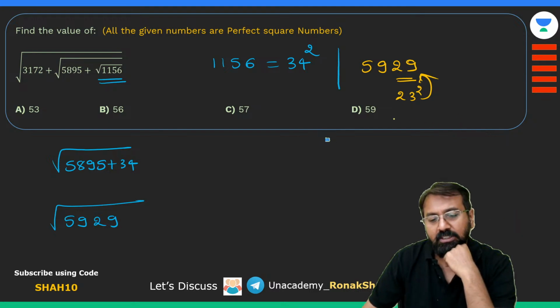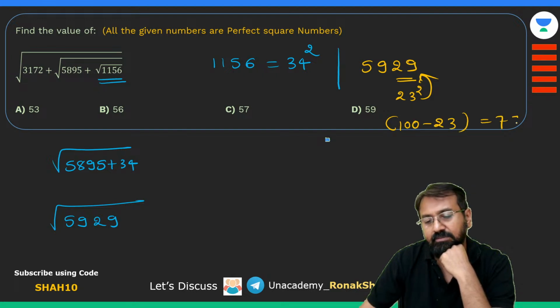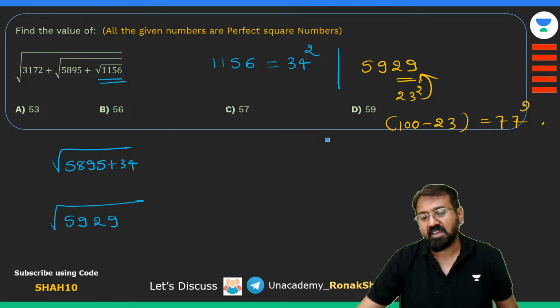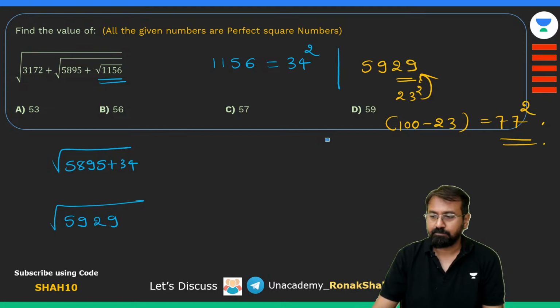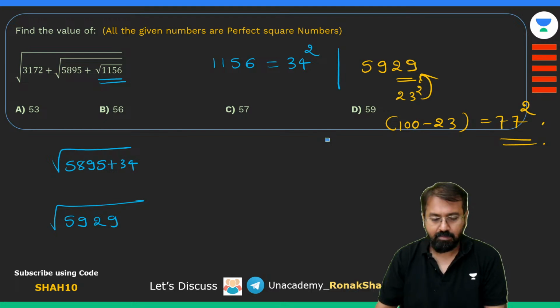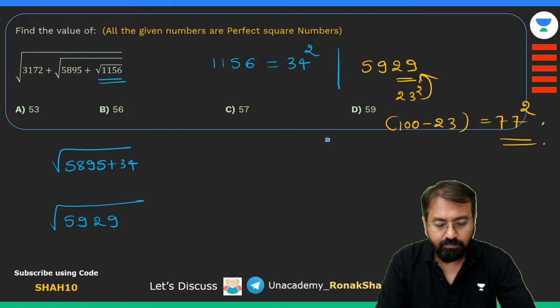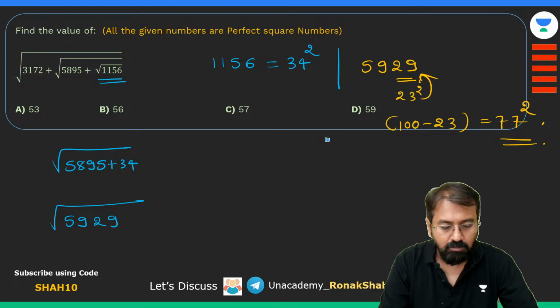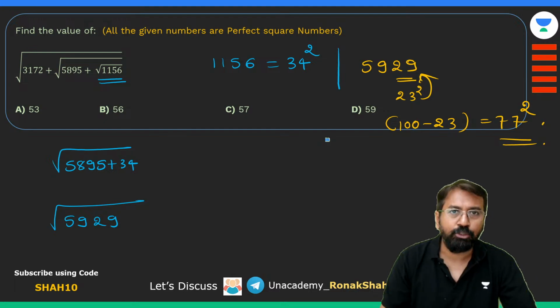It has to be 100 minus 23, that is 77. Do you all agree, guys? 77 square will be this much. Do you all agree, everyone? Just confirm once. Yes. 77 square will be 5929.